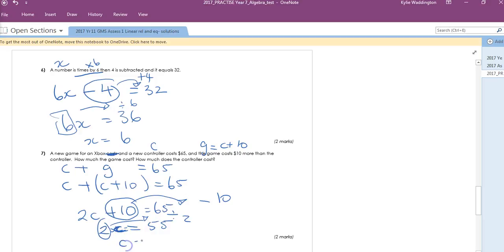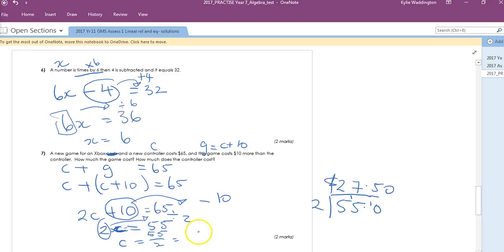So we end up with C equals 55 on 2, which gives us a total of, and we can do it, remember you don't have a calculator, so you need to solve it some way. 2 goes into 5 2 times with 1 remainder. 2 goes into 15 7 times with 1 remainder.